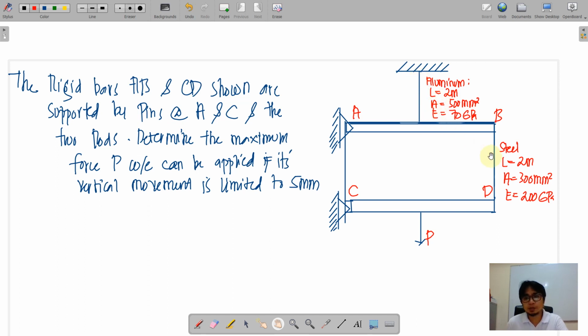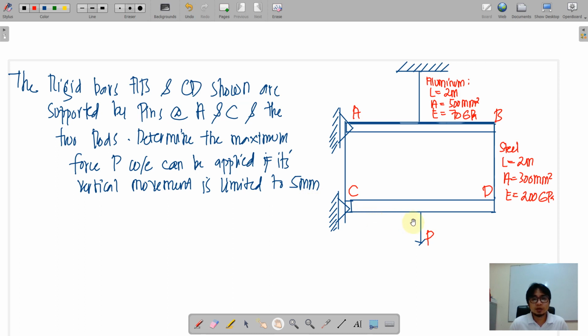All of the properties are given here. We are going to determine the maximum force P which can be applied if its vertical movement is limited to 5 millimeter. So what is the meaning of this? We are going to determine the value of P in order to limit our vertical movement to 5 mm.